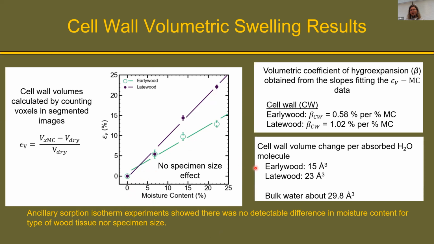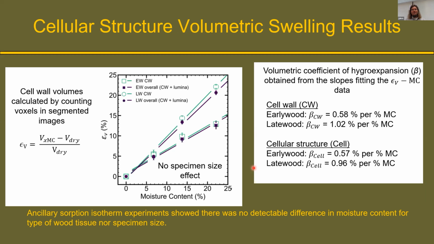And then because we know the amount of water going into the cell wall material, we're also able to calculate the volume change per water molecule, which was again about 40% less in the early wood than in the late wood. In terms of the cellular structure swelling, again, we didn't see a specimen size effect, but we saw that at the cellular level, both the cell wall and cell level for both early wood and late wood swelled at very similar values. And again, early wood swelled much less than the late wood.